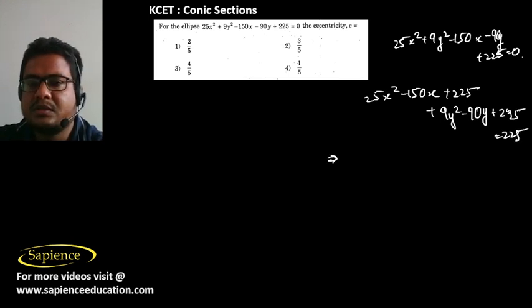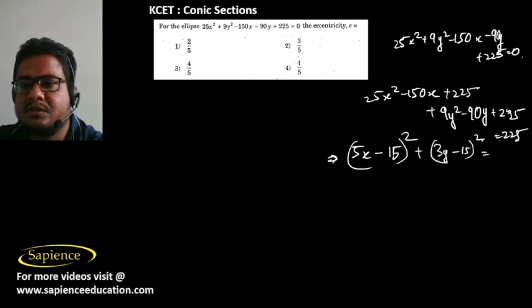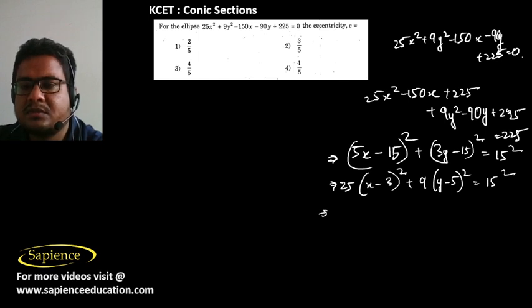So it means this we can write, this will be 5x minus 15 whole square plus 3y minus 15 whole square, that is equal to 15 square. Now this we can write it as 25 into x minus 3 whole square plus 9 into y minus 5 whole square, that is equal to 15 square. This 225 I can write.